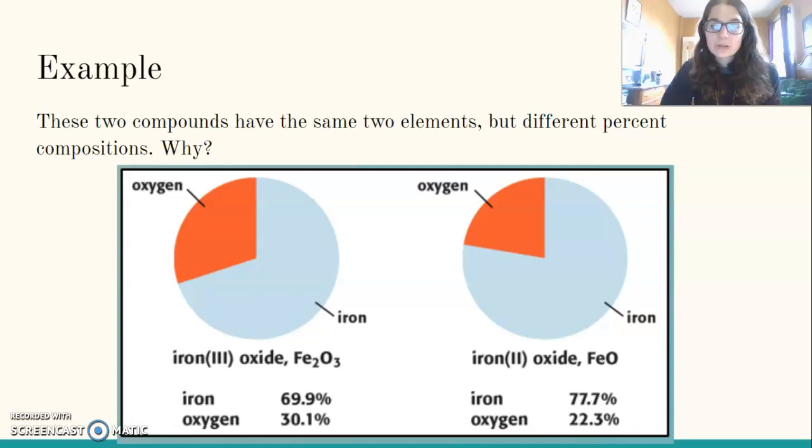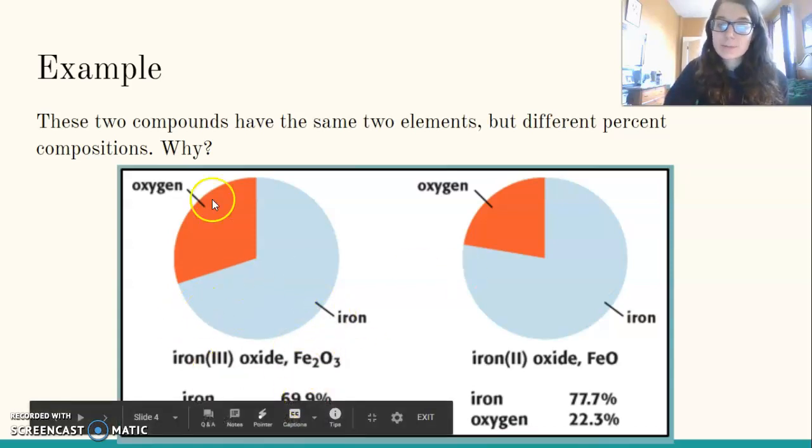Okay, so if you look at iron 3 oxide, we have 3 atoms of oxygen per formula unit, versus iron 2 oxide, where we just have 1 per formula unit. So it would make sense that if we have more oxygen atoms in one molecule of one compound than in another, we would expect that percent by mass to be larger.